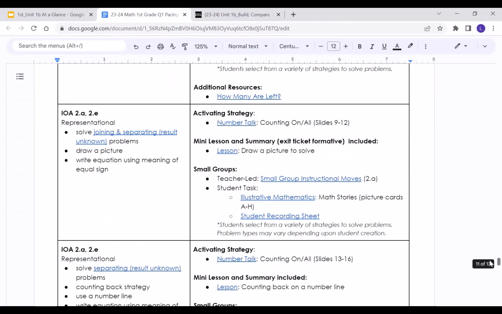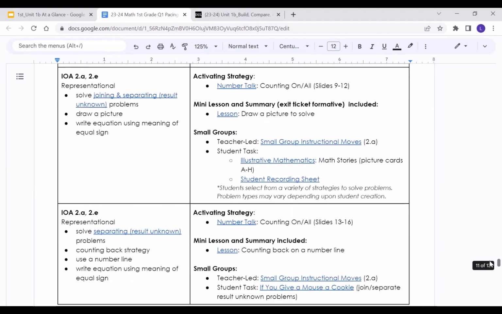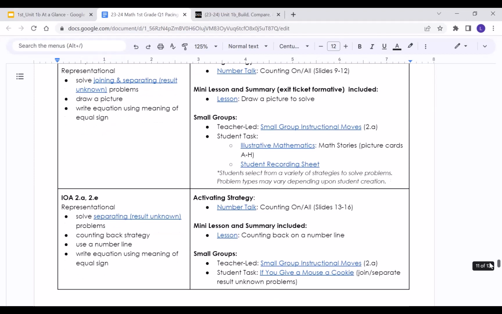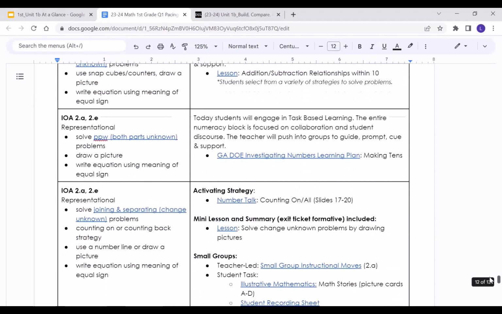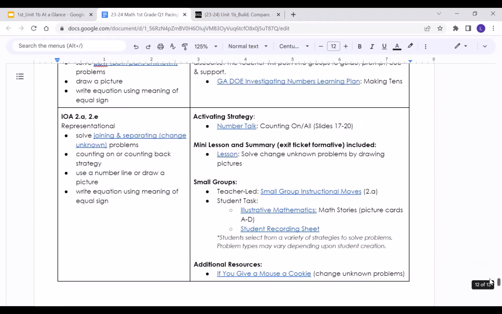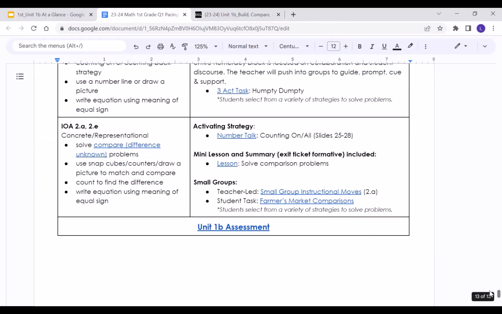Instruction will progress to the representational strategies, where students will draw a picture or use a number line to help them solve addition and subtraction problems within 10. You'll see that we revisit concrete manipulatives and connect to representational strategies as different problem types are introduced, like part-part-whole, change unknown, and compare.